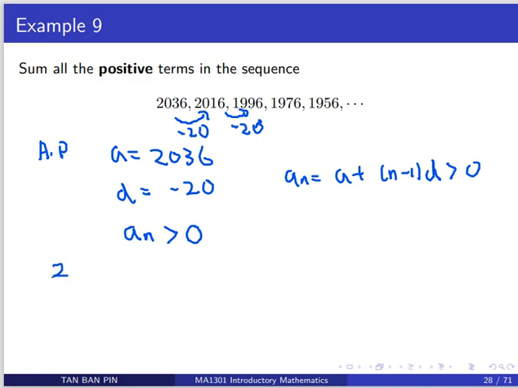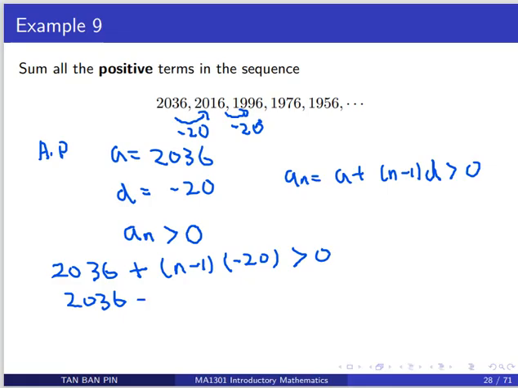So we consider 2036 + (n - 1)d, d is minus 20, more than 0. So this should give you 2036 - 20n + 20 more than 0.